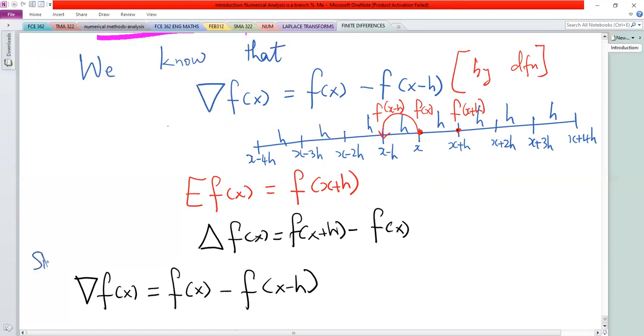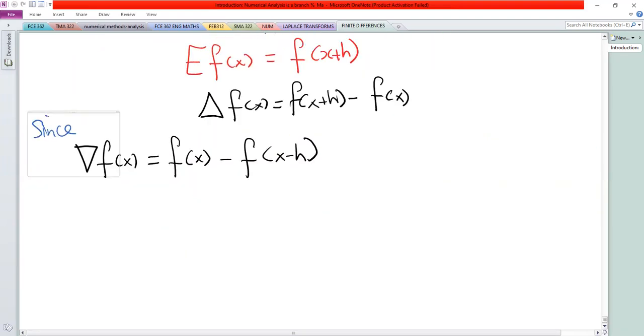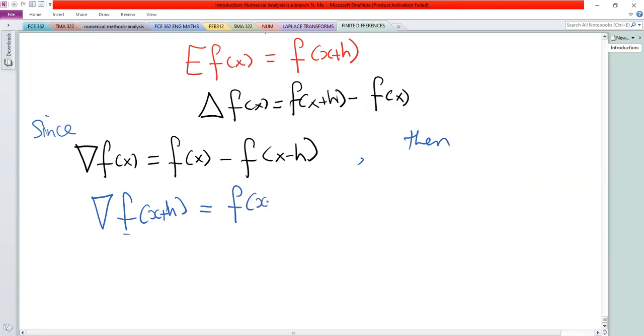Since backward of f of x is given by this formula, then backward of f of x plus h will be given by f of x plus h minus f of x.